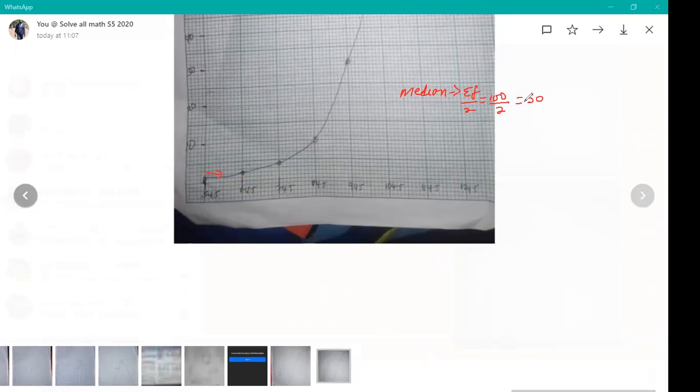Now we move to our axis here and look for where 50 is. 50 is after 40. So you look for 50.